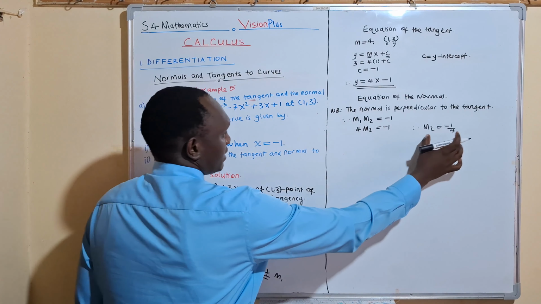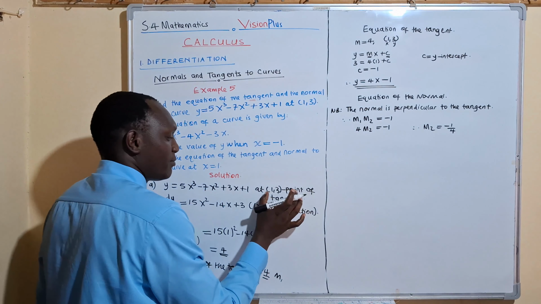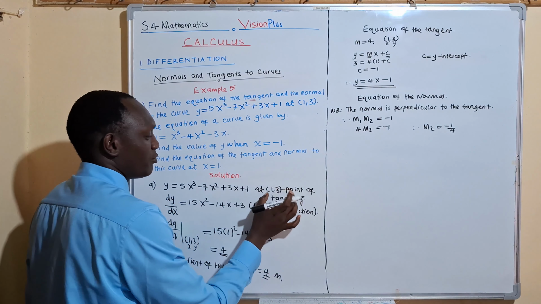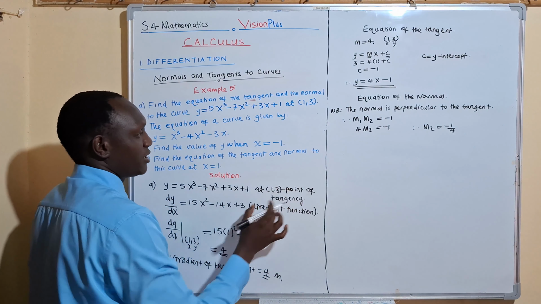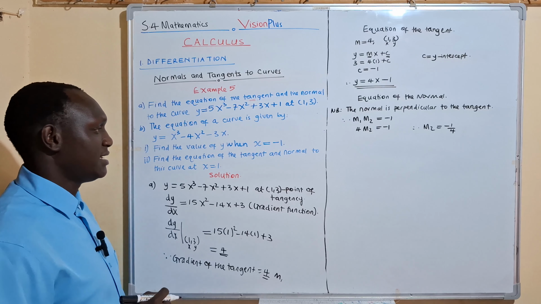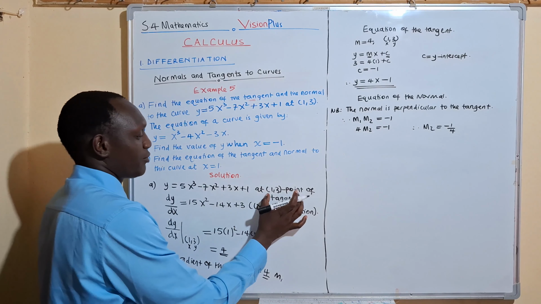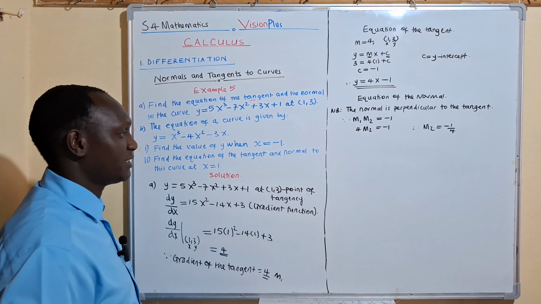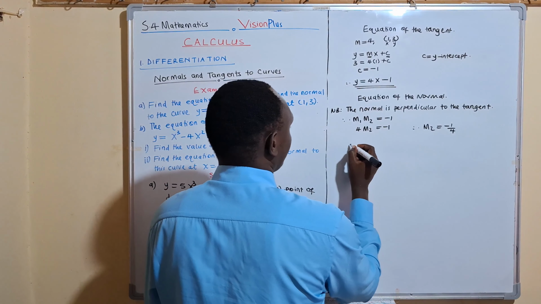Since we have the gradient of the normal and one point through which the normal passes, remember this point is common to the curve, the tangent, and the normal, we can find the equation of the normal.